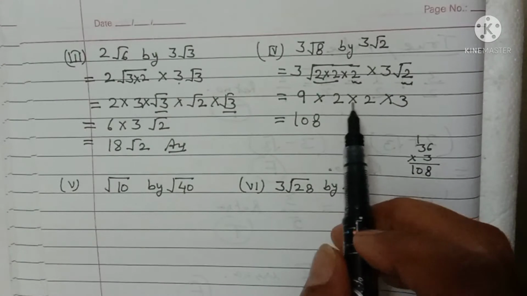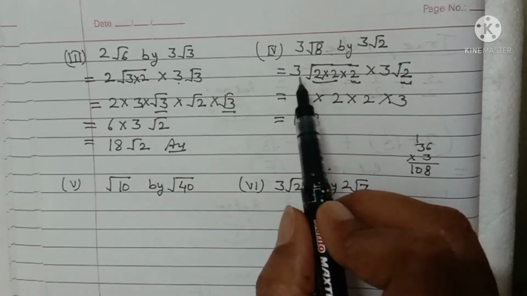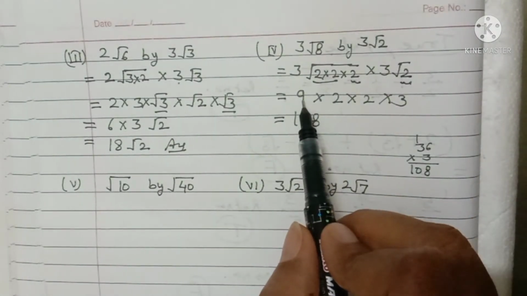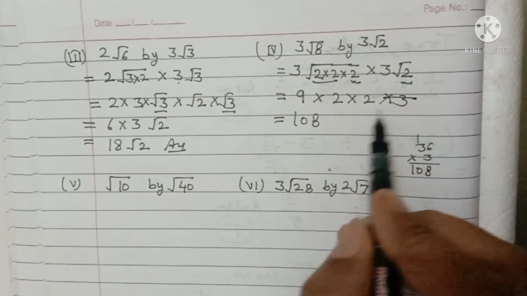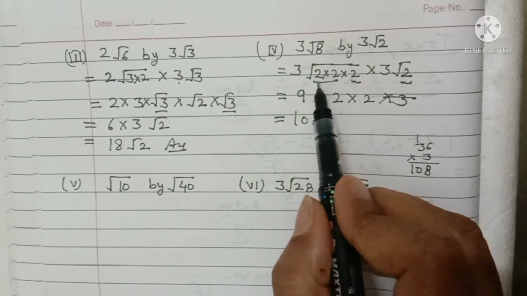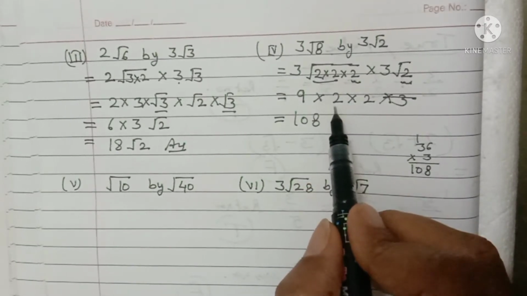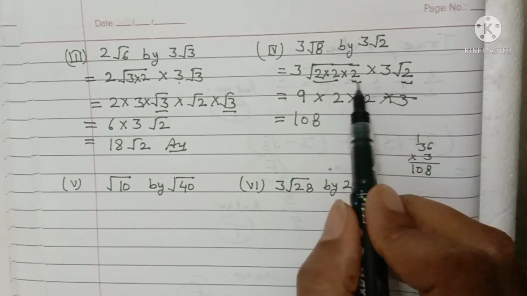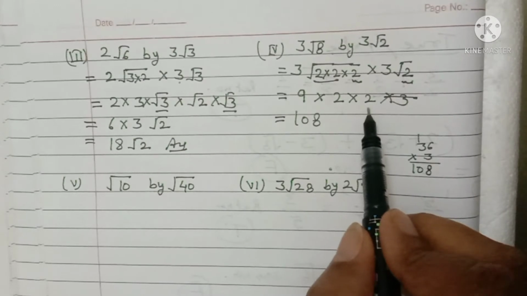Hello students, what mistake have we made? Do you find it? Here we have already multiplied 3 by 3. 3 3s are 9. So there is no need of this 3. 3 3s are 9, and these 2 into 2 under root, we will write here a single 2, and for these under root 2, 2 times, we will get a single 2.